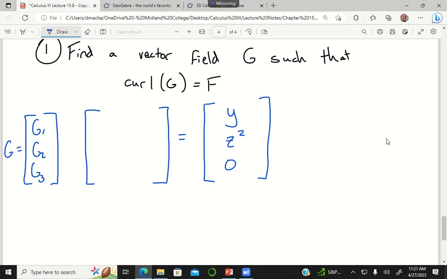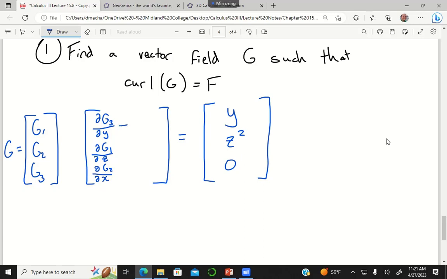Then the curl, help me out because we just wrote this out and I don't want to write it again. No, it's the partial of G3 with respect to y. And then it's the partial of G1 with respect to z. And then the partial of G2 with respect to x.